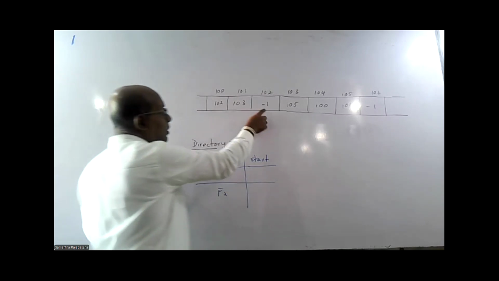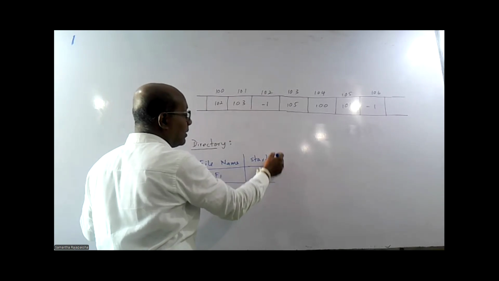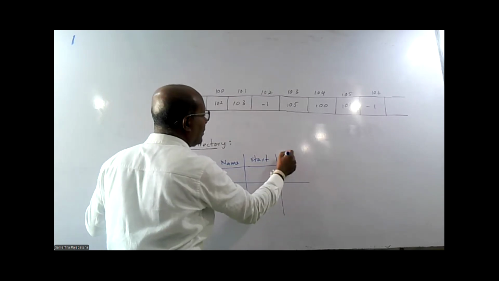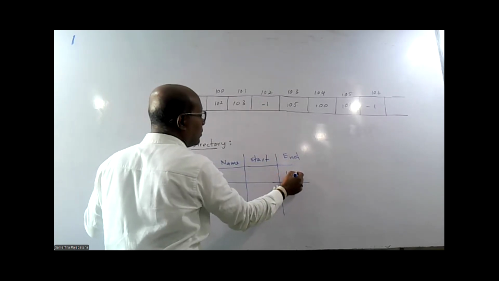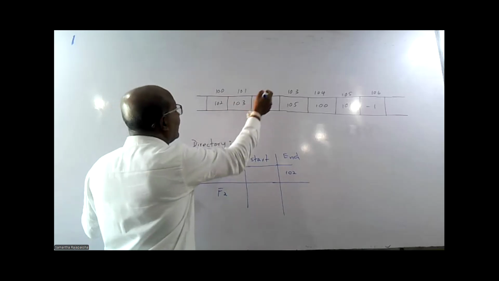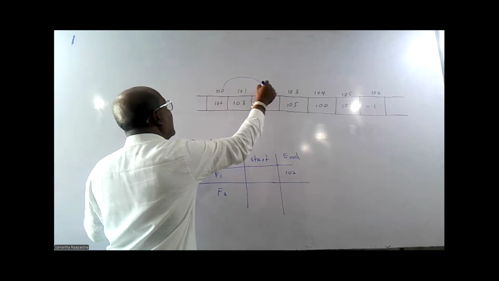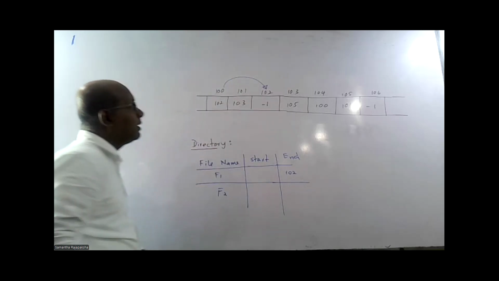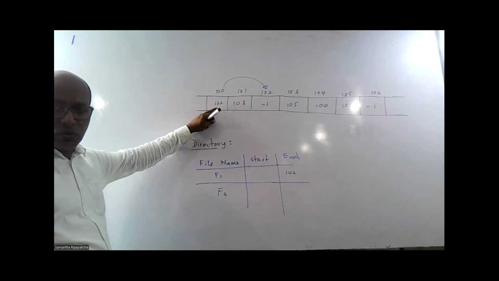Now -1 is the last block. For one file, the last block is 102. That is not what is asked, but we have to trace back to find the starting block. 102 comes from this side: when you go to 100, it says go to 102.